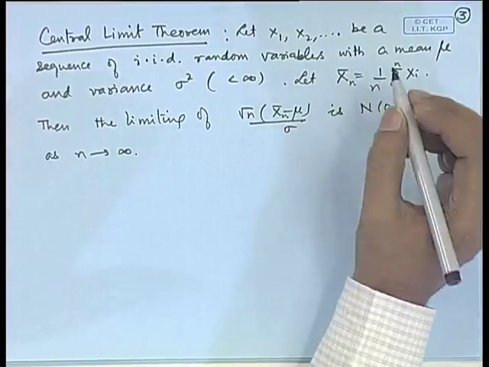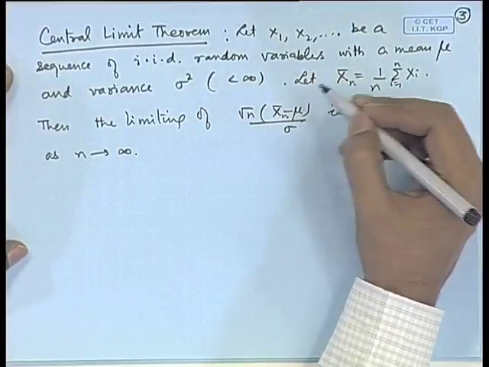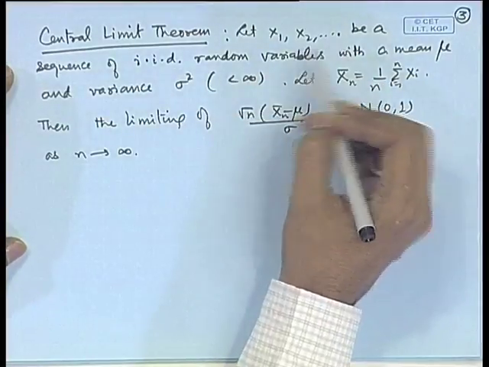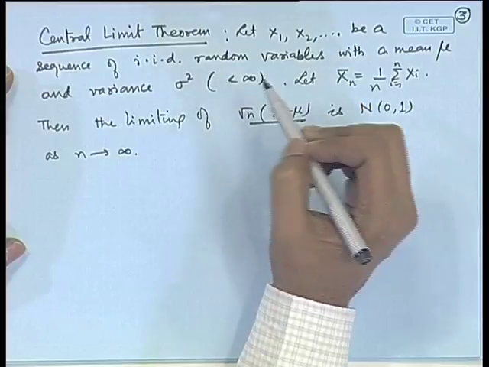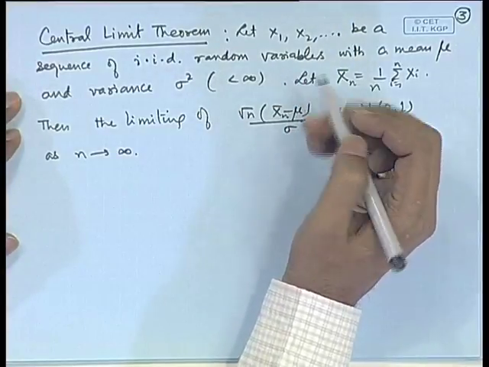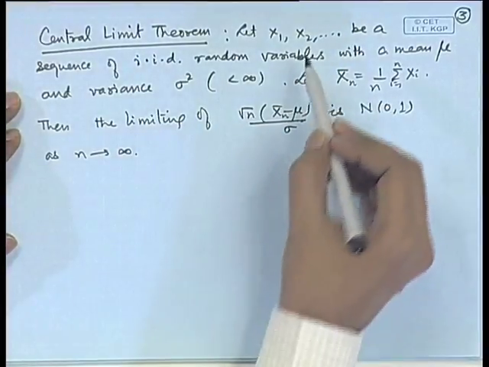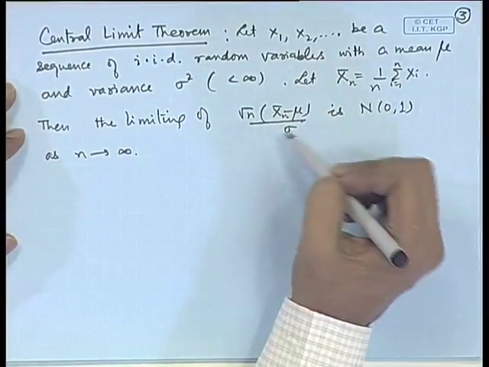However, that is part of another study. Right now, we are concerned with this sampling distribution, in which case we take x i's to be independent and identically distributed random variables. Now, one question may arise: how large n should be such that this approximation is good.